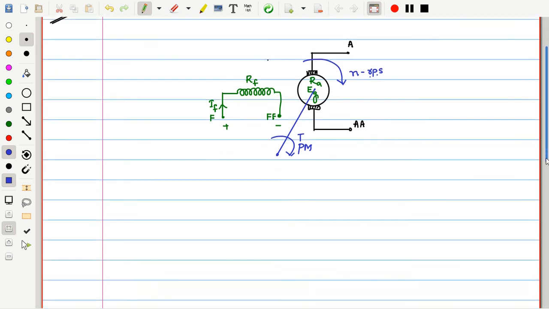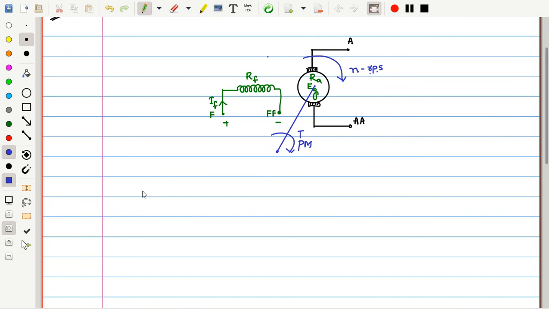Let me put these things in wording form for better understanding. Initially, what are we doing? We are providing the prime mover torque to whom? To the shaft. As a result, the armature rotates, let us say, at n rps, revolutions per second.